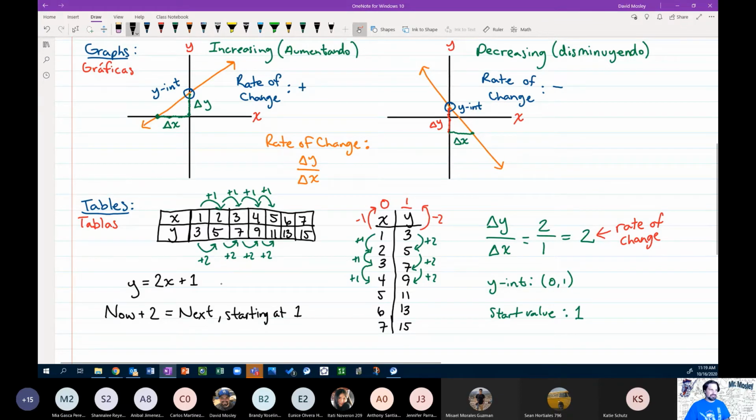The symbolic rule is typically more helpful when it gets to solving these types of problems. The now next rule is just a way to describe what the change is and where it starts in a written form.